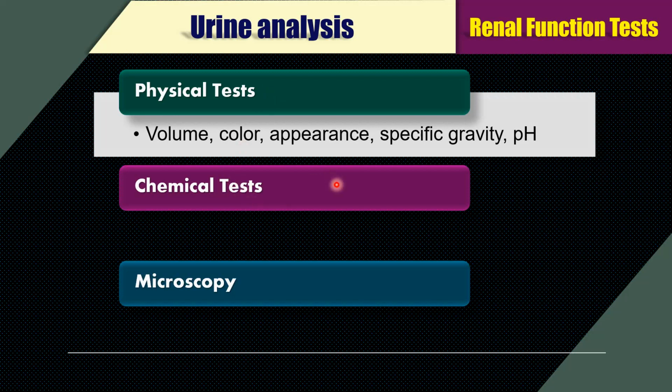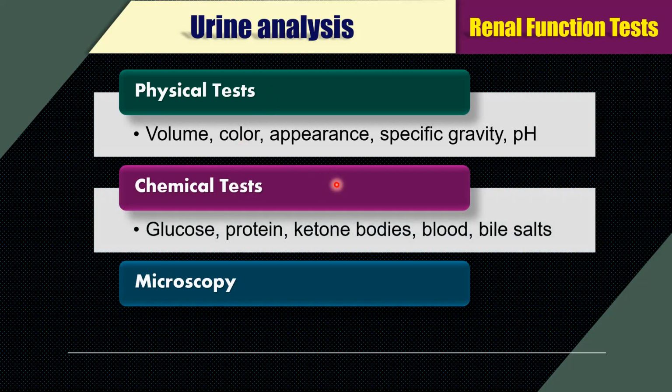Under chemical test, we can do qualitative, semi-quantitative and quantitative examination of some of the parameters. The most essential parameters are glucose in the urine, protein, ketone bodies, blood, bile salts, bile pigments. All these tests could be done qualitatively, using chemical reagents or the dipstick method, or we can do quantitative estimation as well.